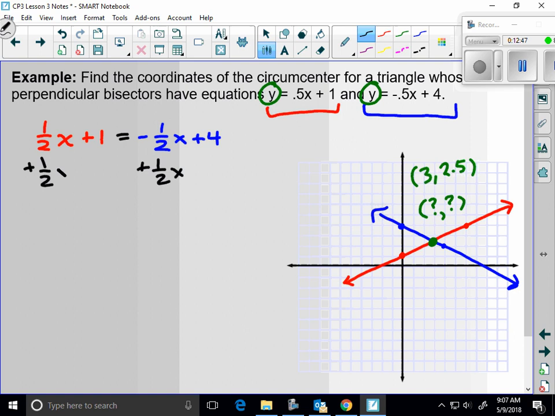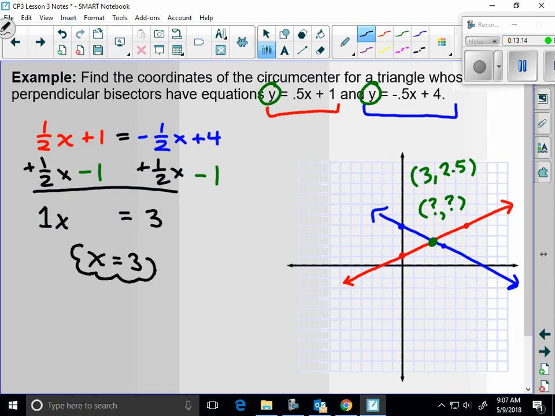In this process, if I ever give you the equation of the lines, you should say, thanks, I don't have to do anything graphically, I just have to do algebra. So 1/2 and 1/2 is 1x. And at the same time, I'm going to subtract 1 from both sides. So then on the other side of the equal sign, what do I get? 3. So it looks like x equals 3.